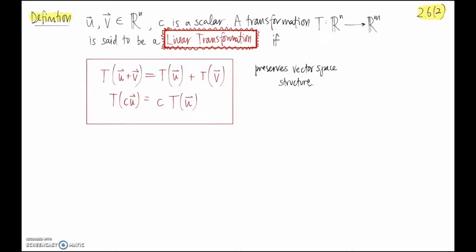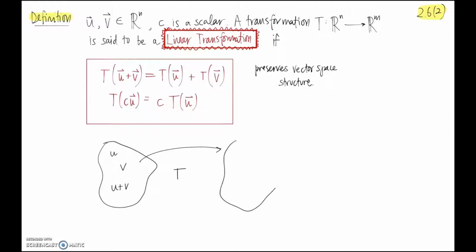So these transformations are taking these vectors, u and v, and here's the vector u plus v. And the transformation takes them to maybe the same vector space, but it could be a different dimension too. u is going to go to Tu, v is going to go to Tv.